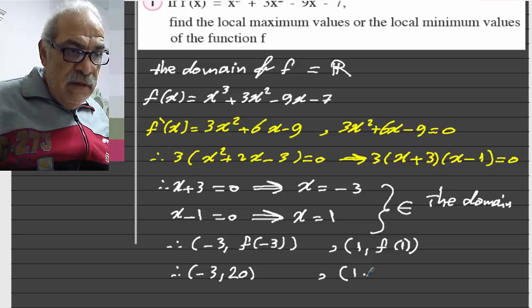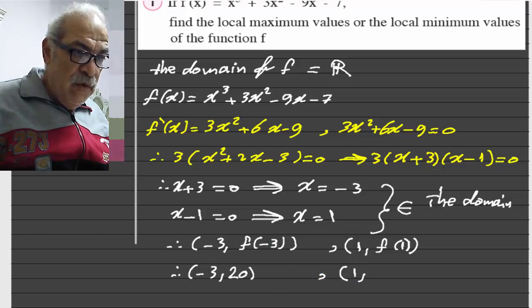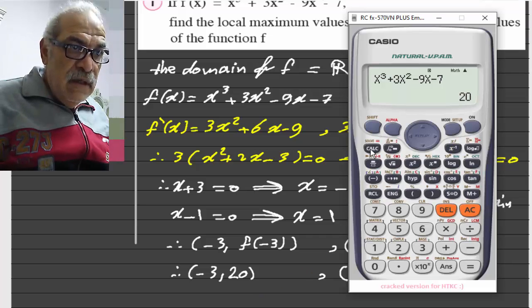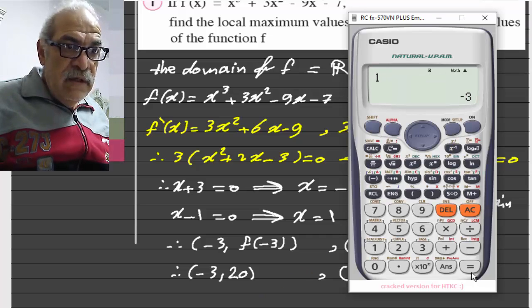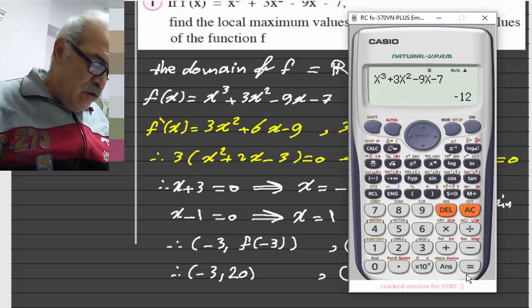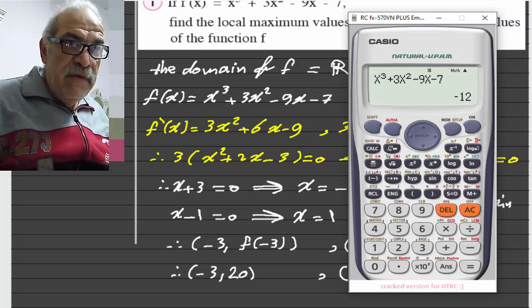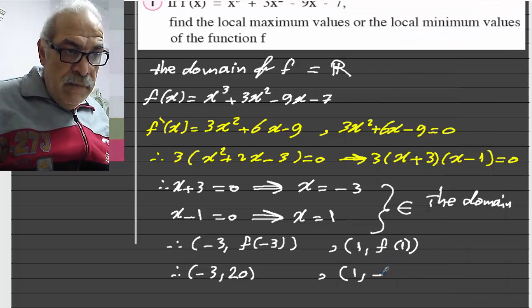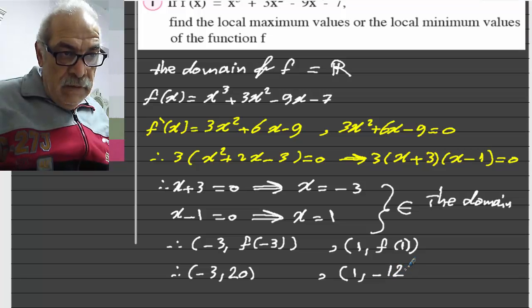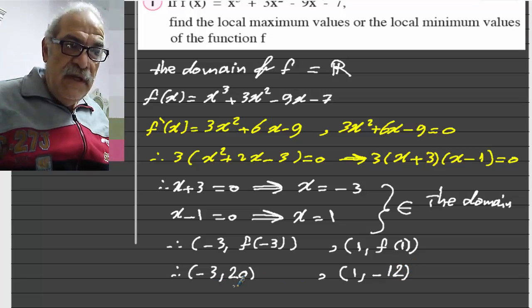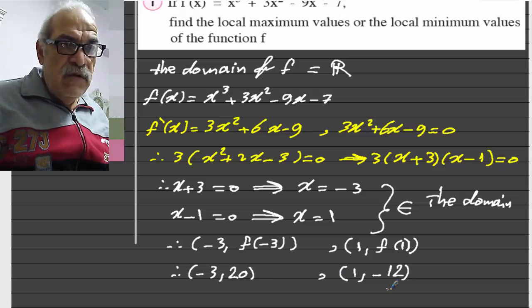And we calculate the value of f of x when x equals 1. We get negative 12.